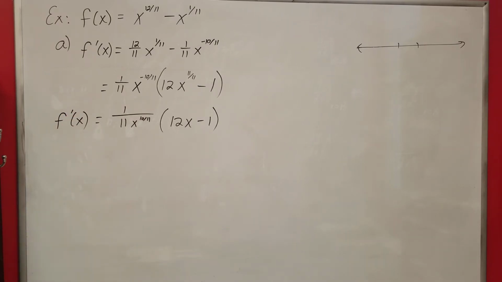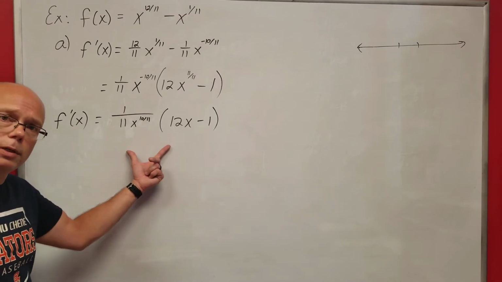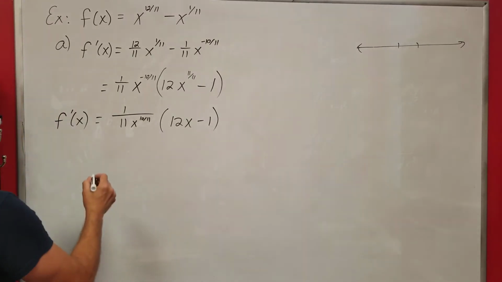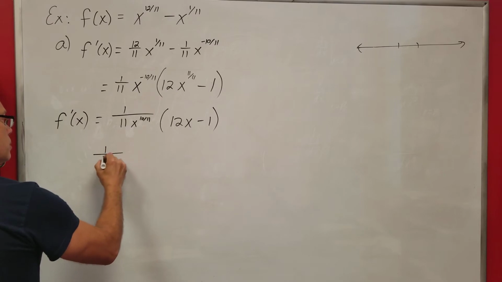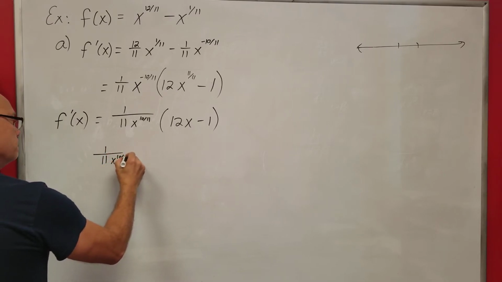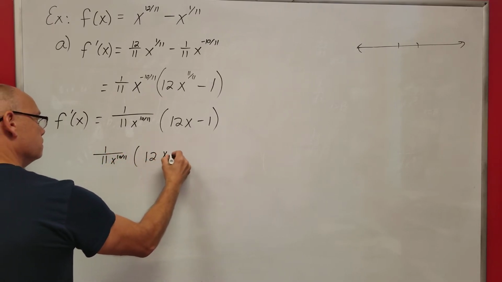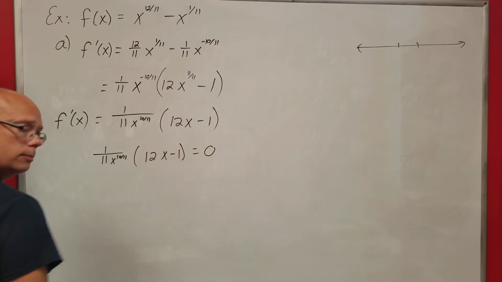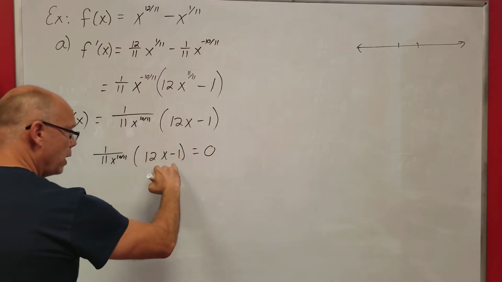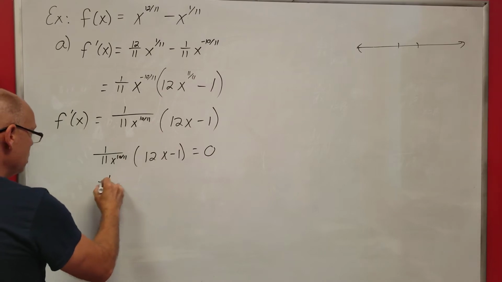All right, so what do we do now? We find out where my derivative is equal to 0 and where it's undefined. So let's take this derivative and set it equal to 0. We take each factor here and set it equal to 0.